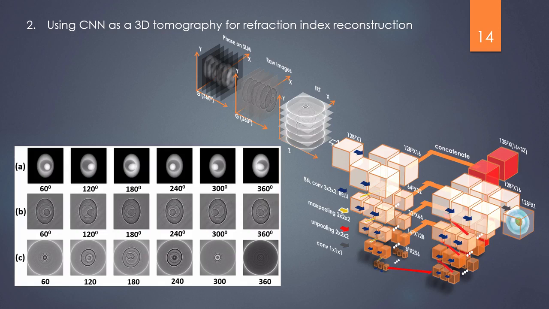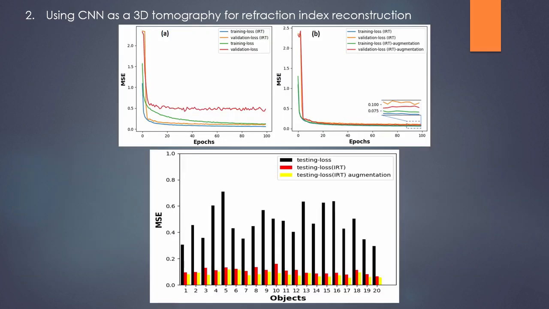I kept 40 intensity volumes and 40 refractive index volumes for testing, and I use the rest for training. So this is the training process. Here is the plot of the training, which converges very well if I use the inverse Radon transform.